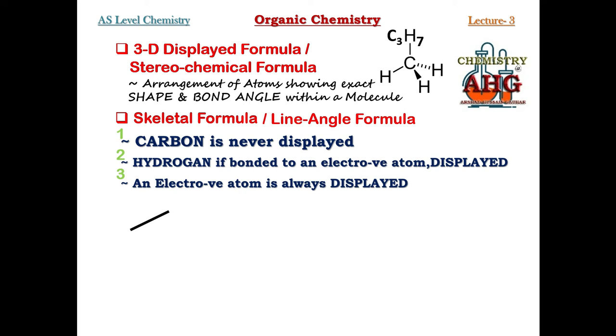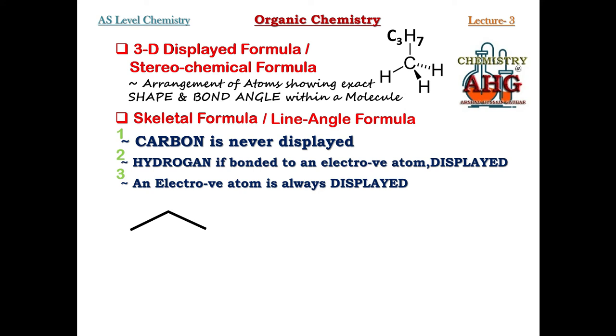This single line indicates a single covalent bond, and it is obvious that since both these carbons have a single covalent bond, each carbon must be bonded to 3 hydrogen atoms to satisfy its valency. But right now we need 4 carbons. We will move on. We will draw another tilted line, now downward, in a zigzag manner.